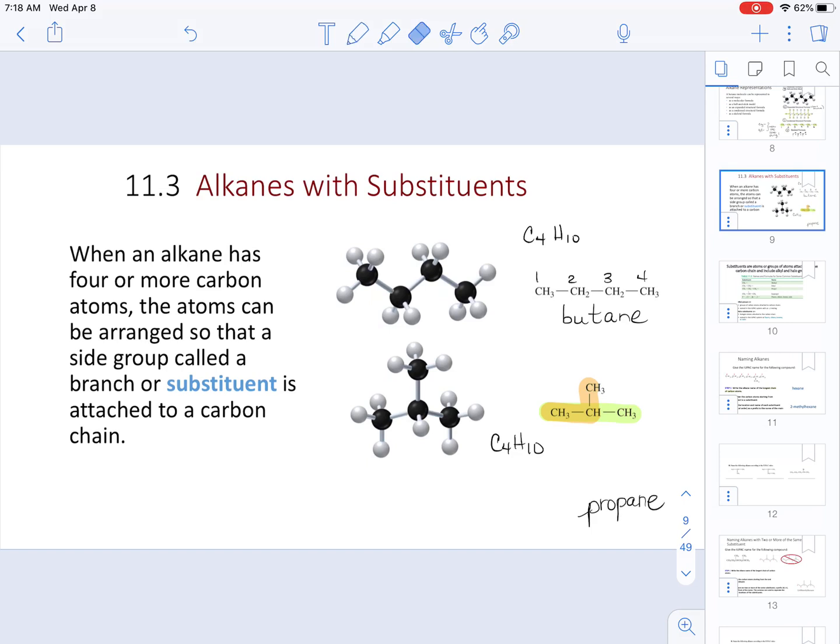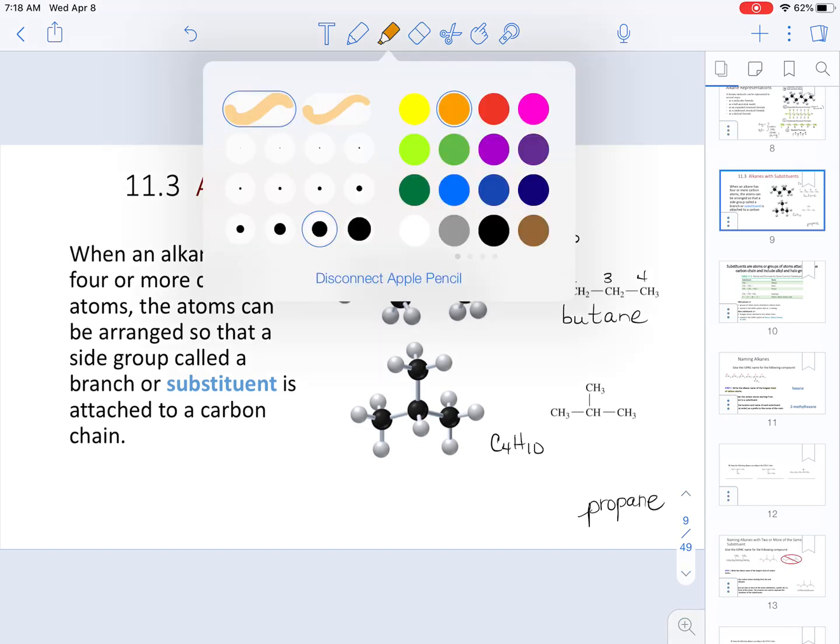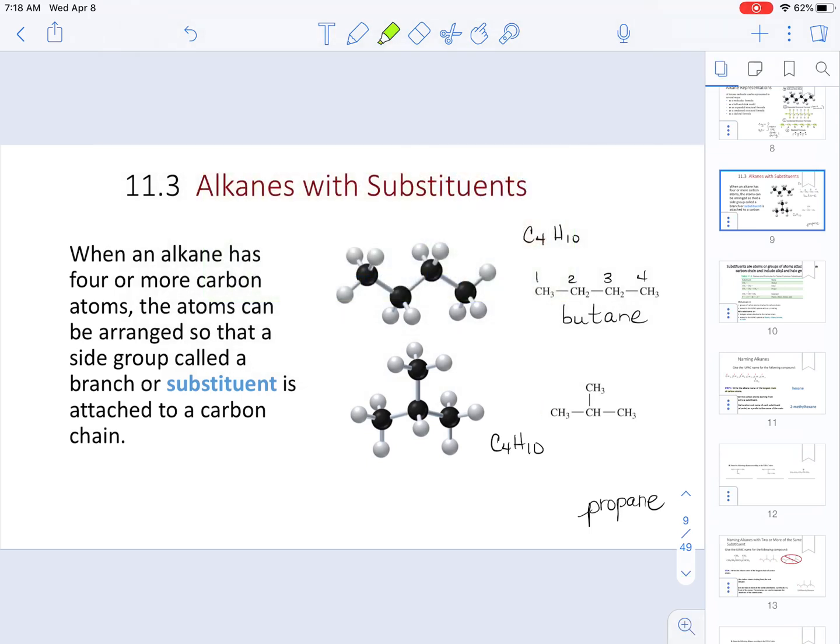And then I'm just going to erase now the highlighted portions. Understand that substituents are going to be the side group or branch that extends from that longest carbon chain. So let me just highlight at least one of the 2 arrangements that I illustrated. I'm going to highlight the first one. So that group that is outside of that longest carbon chain, which is known as the substituent, in this case is going to be this CH3 group.